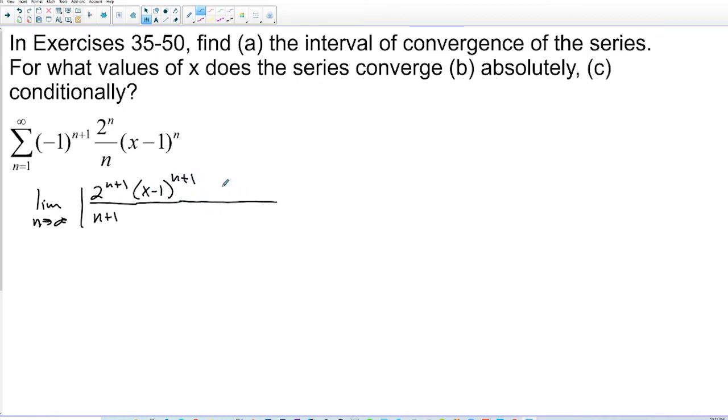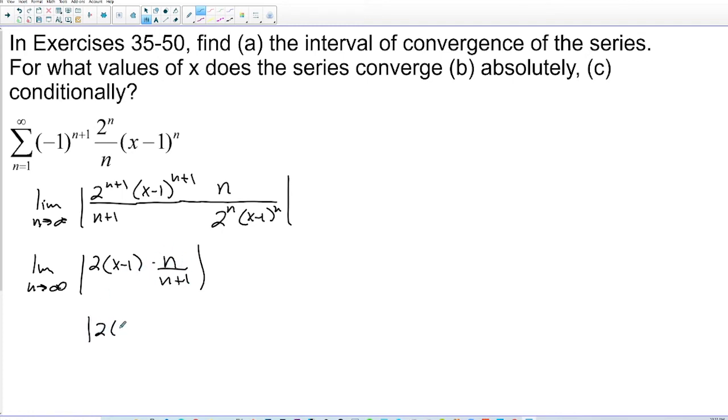We'll multiply by the reciprocal, so we have n on top, 2 to the n on bottom, and then x minus 1 to the n. Limit as n approaches infinity. And then we have an extra 2 on top and an extra x minus 1. That's times n over n plus 1. The limit of n over n plus 1 is going to be 1.